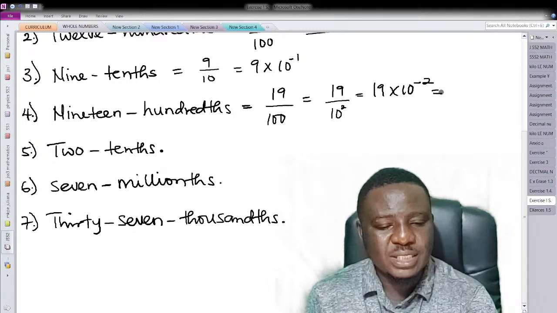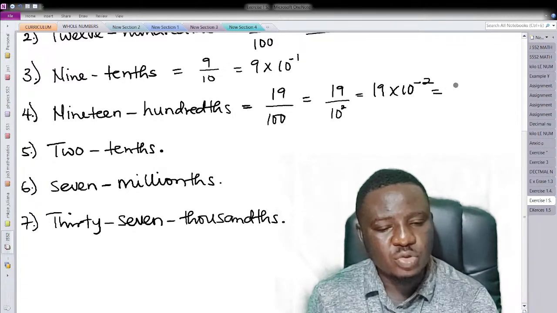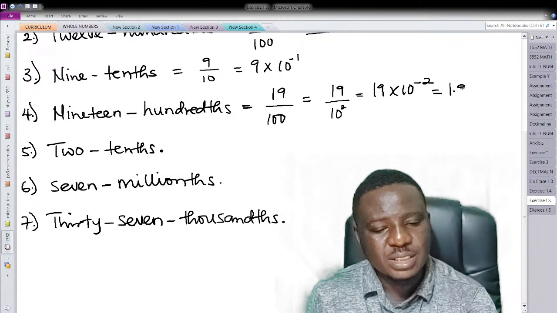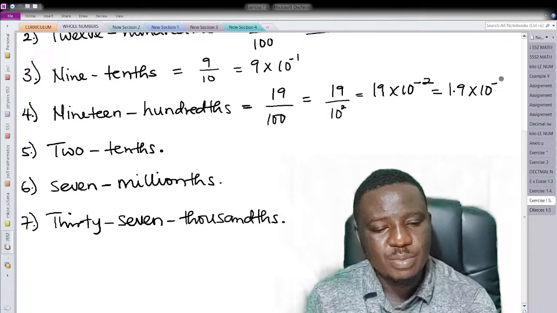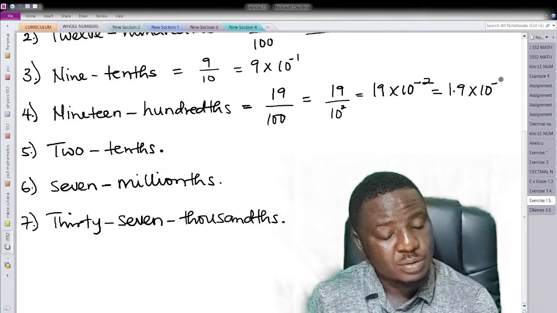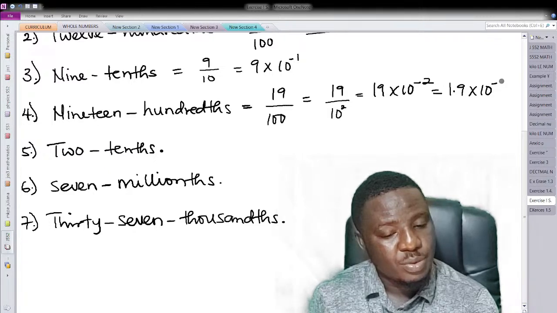So expressing this in standard form is going to give us 1.9 times 10 raised to the power of what? Is it minus 2?